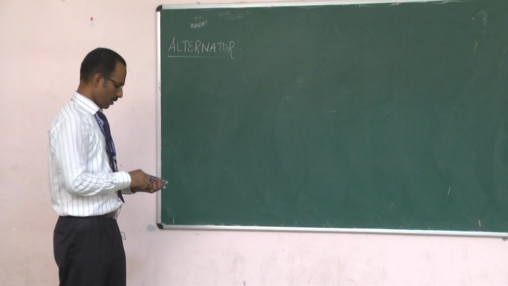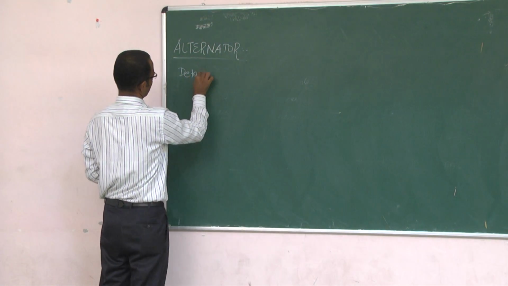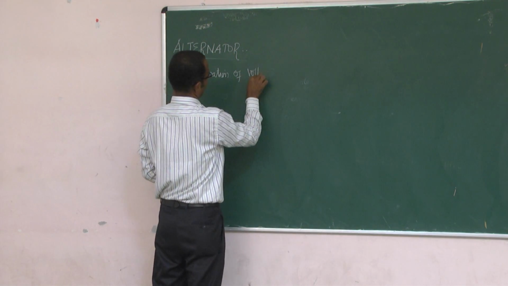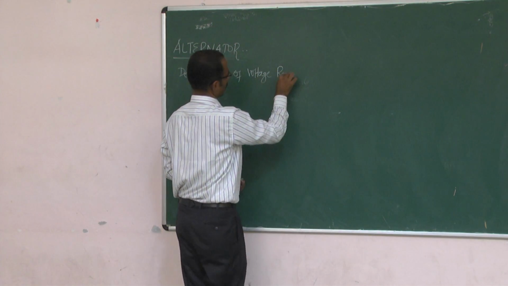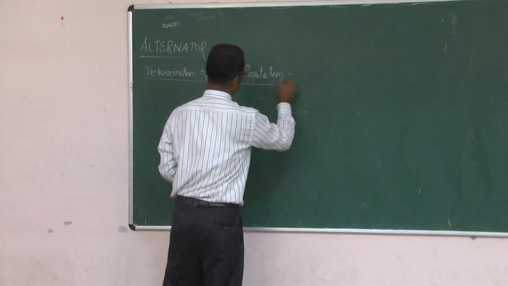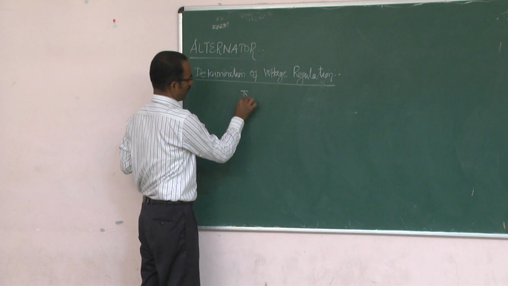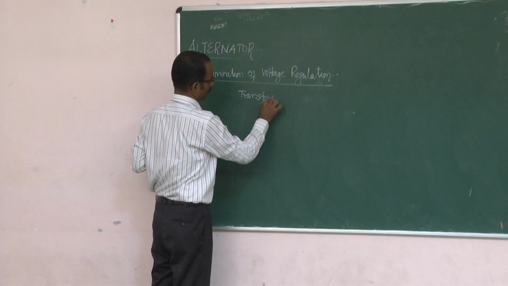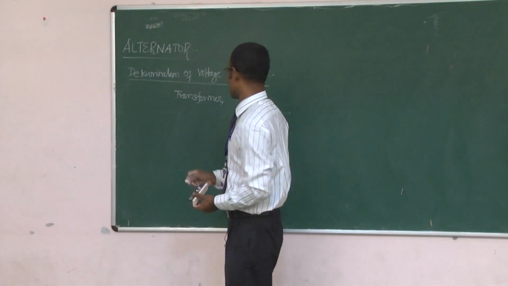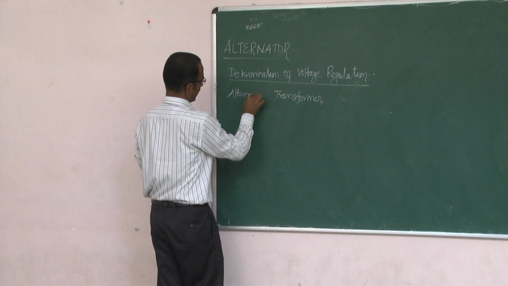We will concentrate on our topic, that is the voltage regulation, determination of voltage regulation. Not only for the alternator, we are finding the voltage regulation for the transformer also. Because the alternator and the transformers are considered as sources, and also the DC generator.